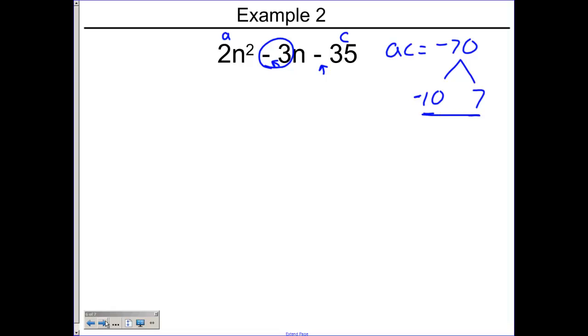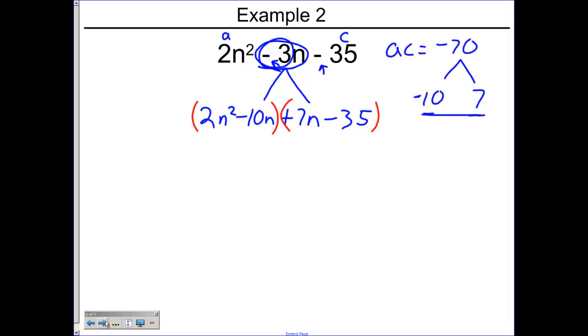So I'm going to take these two numbers and I'm going to split the 3n into -10n and a +7n. So when I add those together, I would actually get the -3n back again. Bring the rest of the problem down, -35 and 2n squared. Now I have my F, O, I, and L. The next thing I need to do is group them together, the first two and the last two.